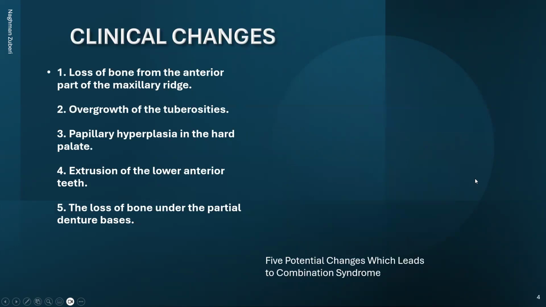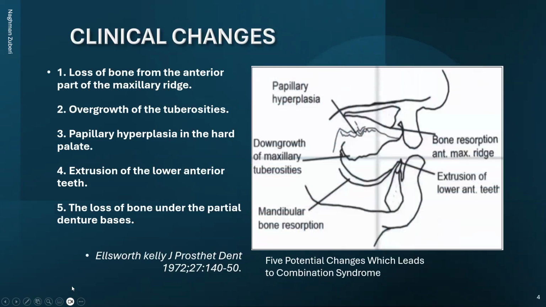The clinical changes which may occur, described in the original article by Ellsworth Kelly in the Journal of Prosthetic Dentistry in 1972: number 1, loss of bone from the anterior part of the maxillary ridge, bone resorption in the anterior maxilla.